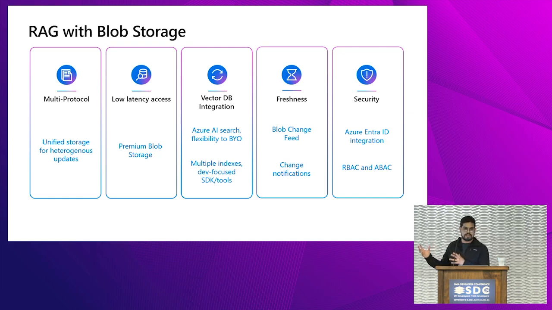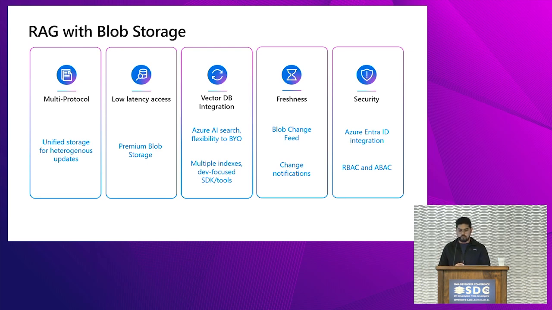Of course, we are taking some of the examples of what Azure Blob Storage offers. The first pillar is multi-protocol access. You need to have the ability or the compatibility with different storage systems, different applications, to bring in heterogeneous data into object storage for this pipeline that I just talked about.